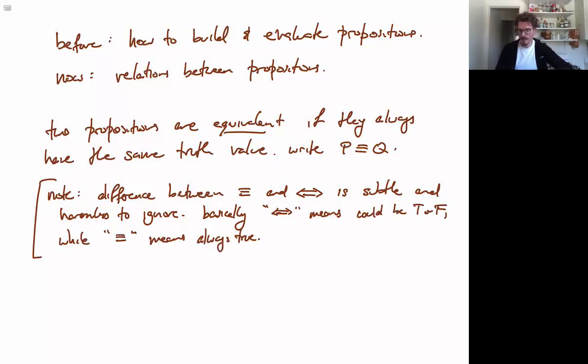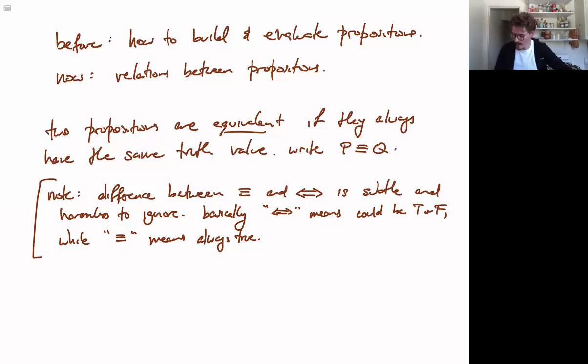So that is to say, P double-sided arrow Q is a proposition that could be true and could be false, and P triple equals Q is stating that that proposition is always true.